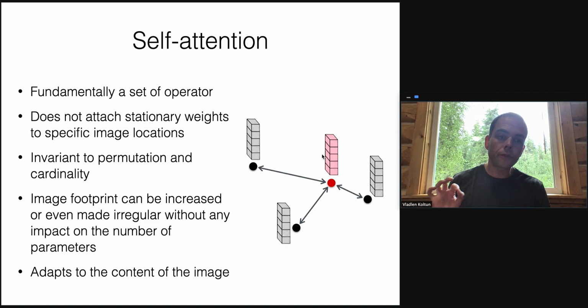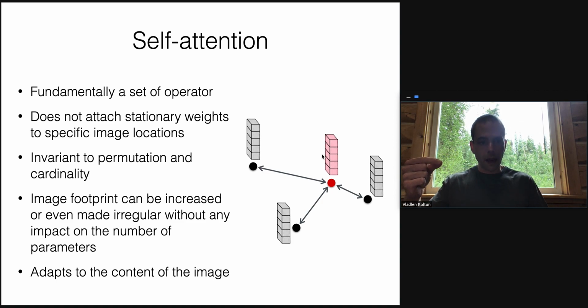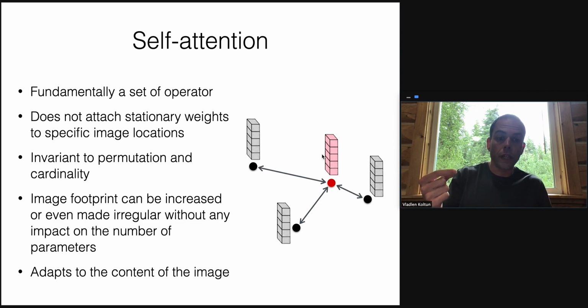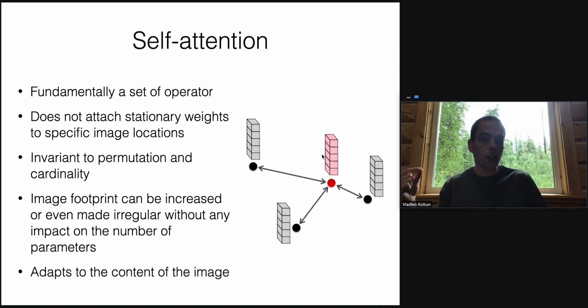This is very different from the convolution that really does things like take the pixel that is to my left, attach a weight to it, a weight of, let's say, 0.3, and take the feature from this image location with this predetermined weight 0.3.